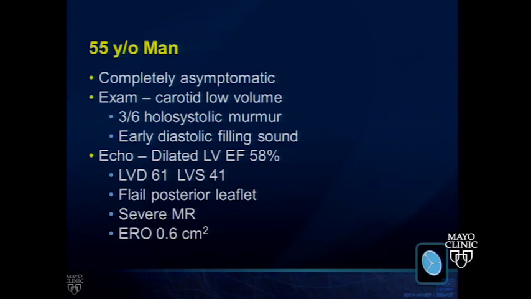He's already shown evidence that he has left ventricular systolic dysfunction. And his ejection fraction is less than 60%. So irrespective of whether or not this valve can be repaired, this person needs an operation.